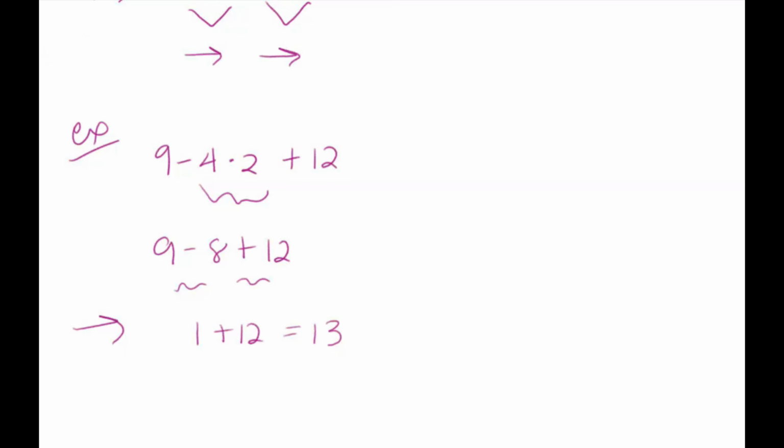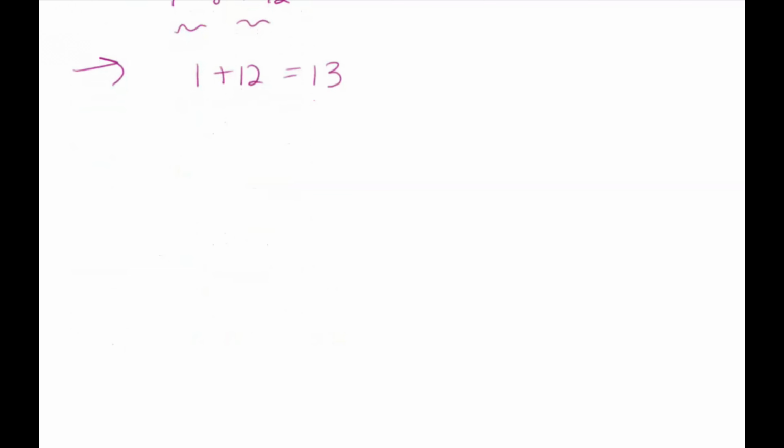Okay, and then what if I had another example like 4 times 5 squared minus 20? Again, we're going to identify the fact that we have an exponent here. So it's going to be 4 times 25 minus 20.